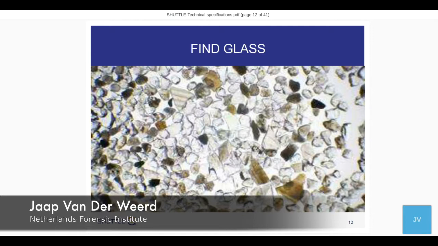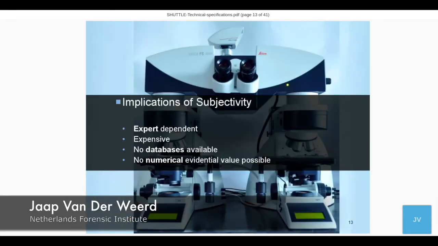All these things are very subjective. All the microscopy is subjective. Somebody's looking through the microscope. Not only subjective, but also time-consuming. And there are some implications of this subjectivity. We are very dependent on experts. In forensic science, experts are very important.